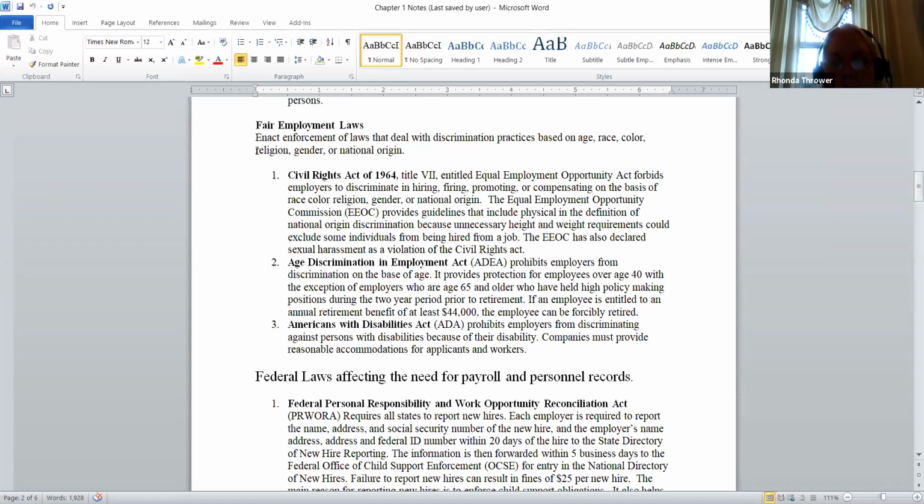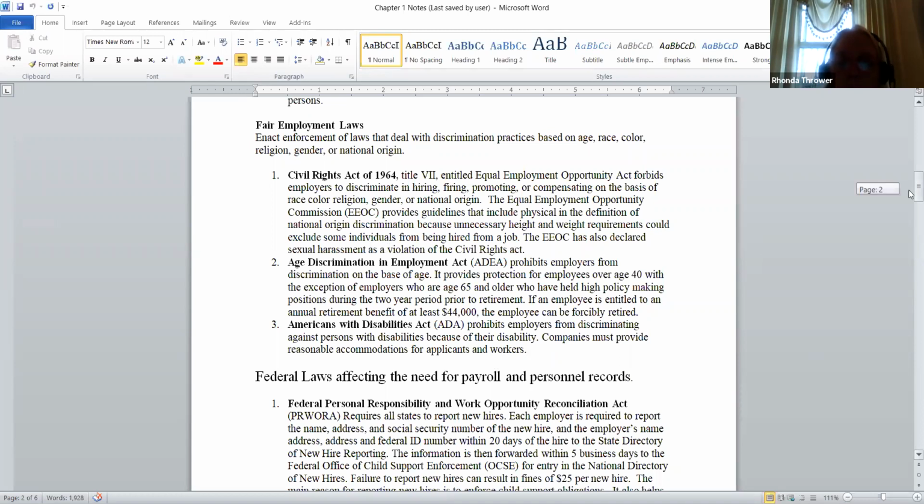Another fair employment law that you need to become familiar with is the Americans with Disabilities Act, or ADA. And this act is going to prohibit employers from discriminating against persons with disabilities because they have a disability. Companies must provide reasonable accommodations for applicants and workers.